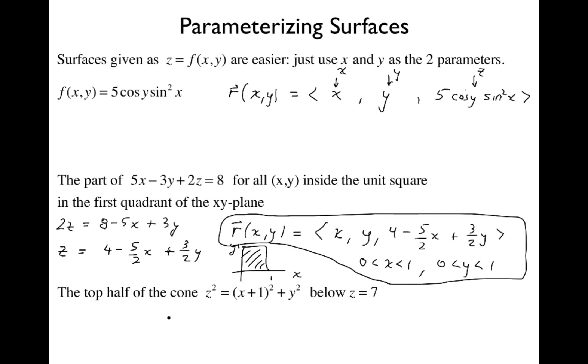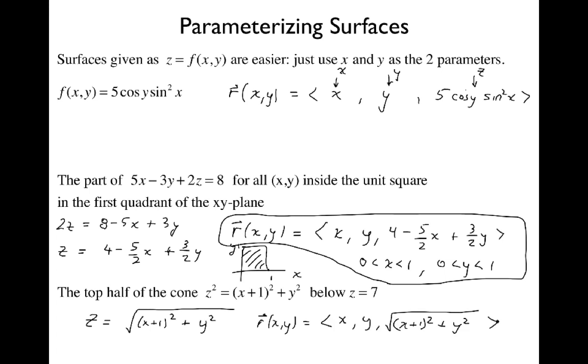Okay, last, the top half of the cone, z squared equals x squared plus y squared, below z equals 7. So the top half of the cone would be when z equals plus or minus the square root of all this. So the top half would be the positive. And so we can, again, use this really simple parameterization where x and y are parameters.